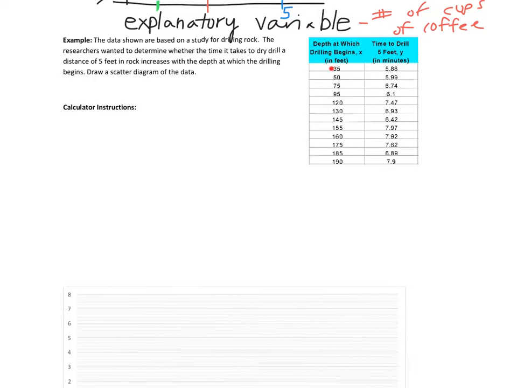For instance, if we start drilling at 50 feet, it would take 5.99 seconds to drill 5 feet, versus if we began drilling at 175 feet, it would take 7.62 seconds to drill 5 feet.